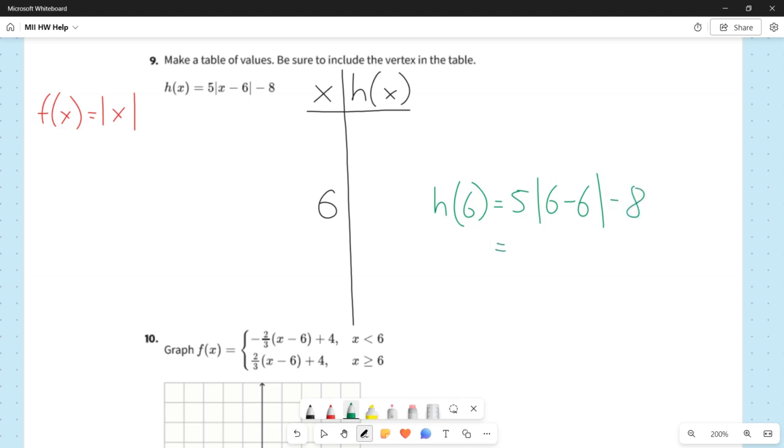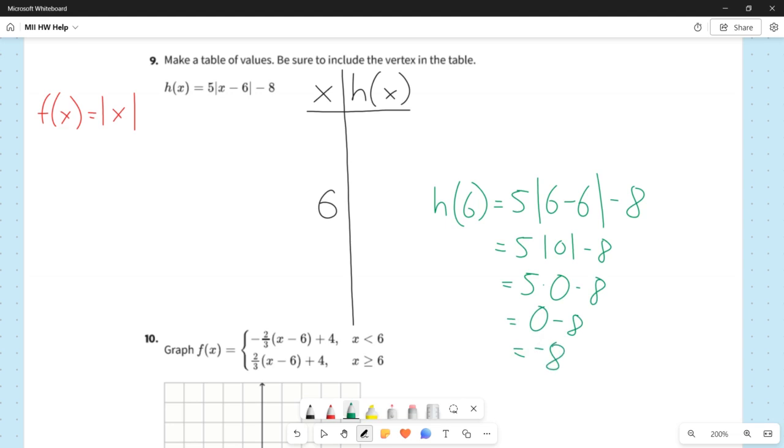All right. Well, remember, we're at the vertex, we want the absolute value to equal 0, which is going to happen here because 6 minus 6 is 0. So we end up getting 5 times the absolute value of 0, minus 8. Well, the absolute value of 0 is just 0. 5 times 0 is 0. And 0 minus 8 is negative 8.